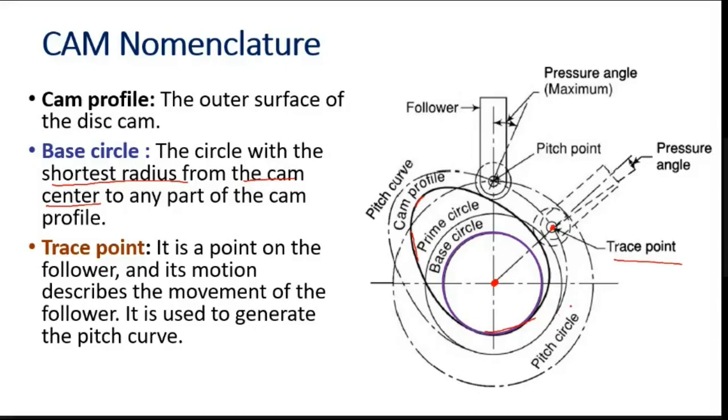This is not applicable for a knife edge follower, because for a knife edge follower the trace point is nothing but the cam profile. Only for a roller follower do you have this, because this is the center point of the follower, so that is the trace point.